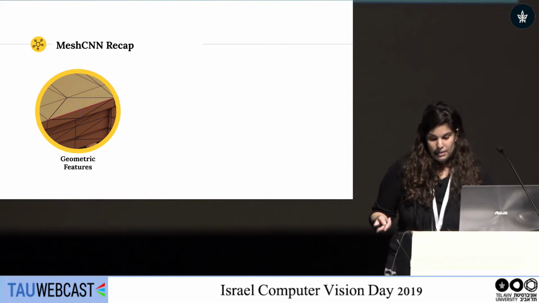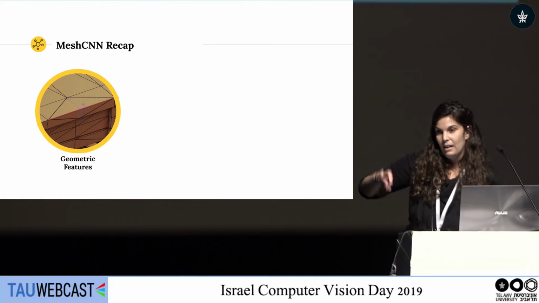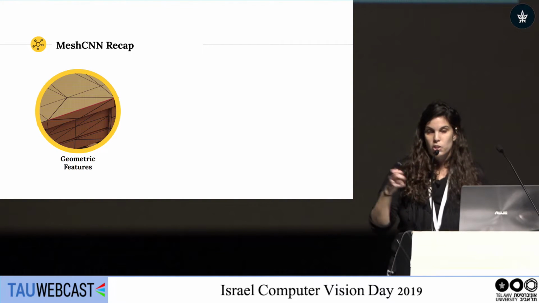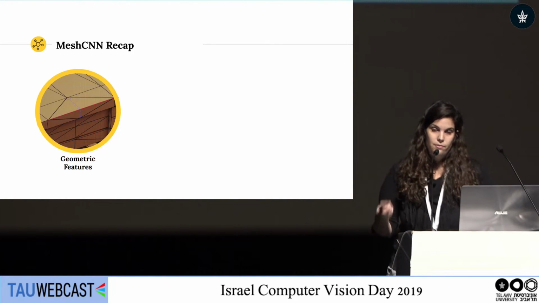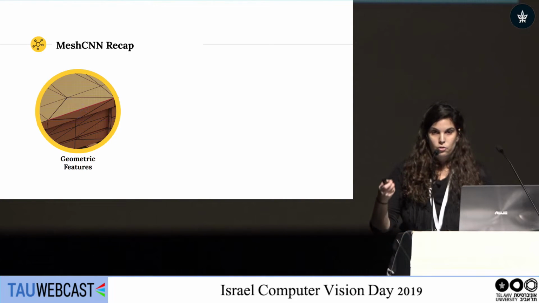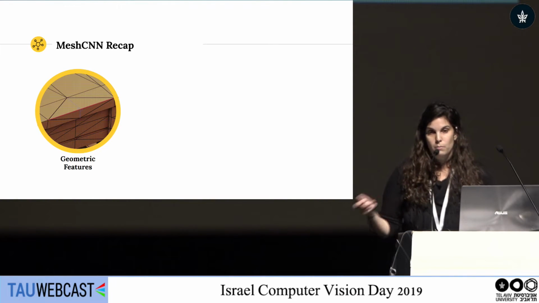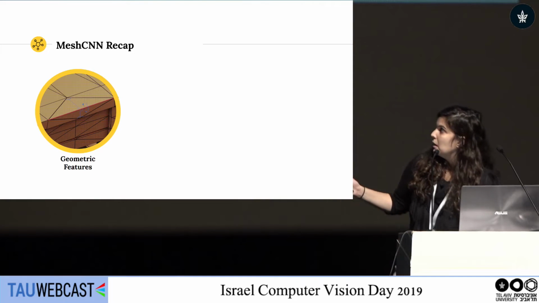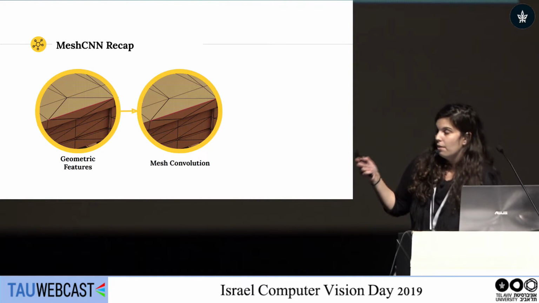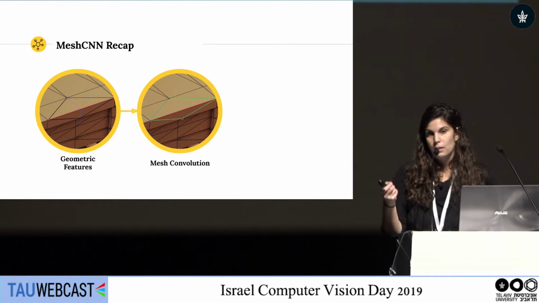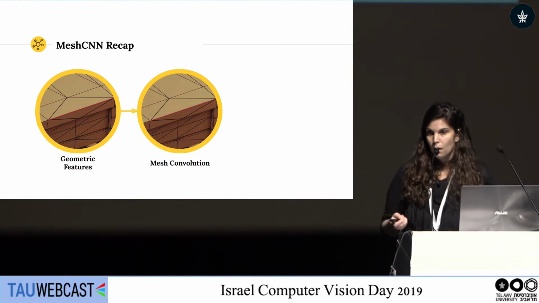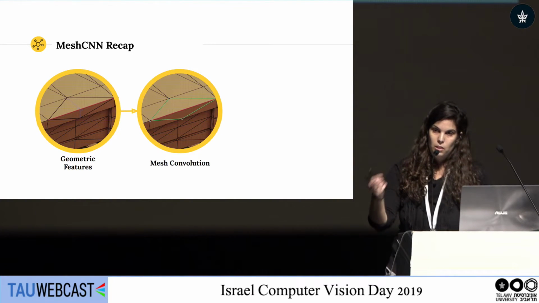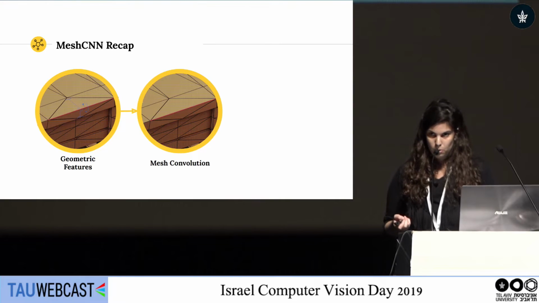So to summarize, we have a mesh with a list of edges. We extract for every single edge this 5-dimensional similarity invariant geometric feature vector. Then for every single edge, we extract the 4 one-ring neighbors. We build symmetric features based on the direction of the face normal.